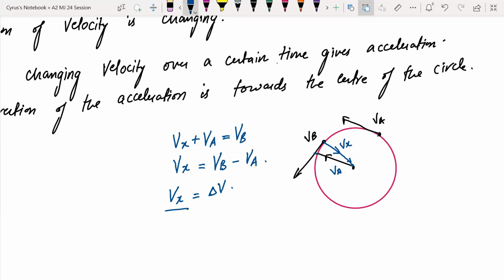I can divide both expressions with delta t, and this expression here is giving us what? The acceleration. So this confirms that the acceleration is in the direction of Vx, which is the change in velocity over time, right?